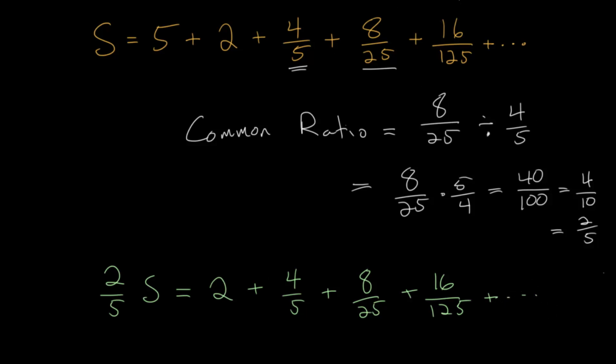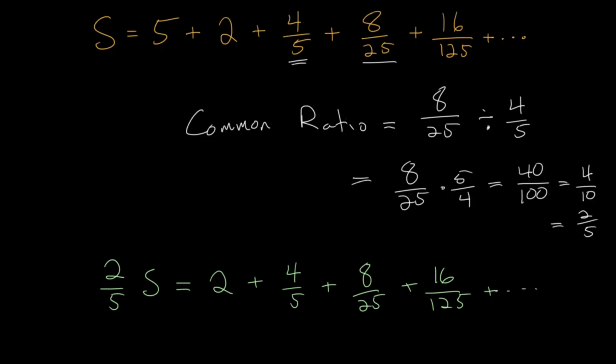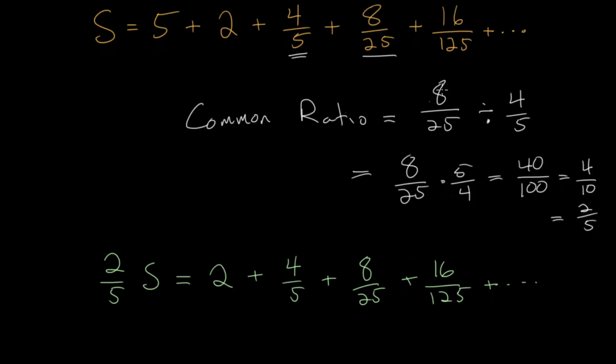And the reason we do this is so that now we can take this top infinite geometric series and subtract this bottom one, this green one here that we just created. So we can say that our first infinite sum here minus this new one we created, 2/5 S, this is a solvable problem.